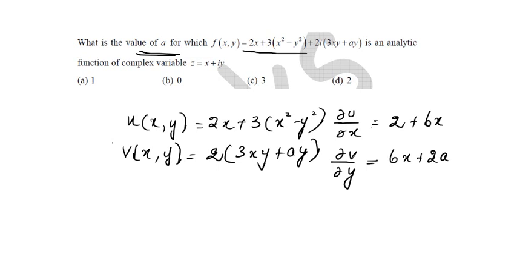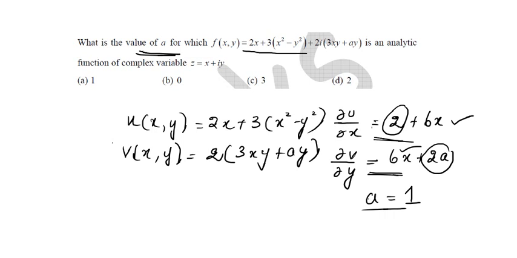As these two should be equal according to the Cauchy-Riemann condition, we can easily write a should be equal to 1, because in ∂u/∂x we are having 6x, and in ∂v/∂y we are having 6x. In ∂u/∂x you are having 2, and here you are having 2a. So a should be equal to 1.